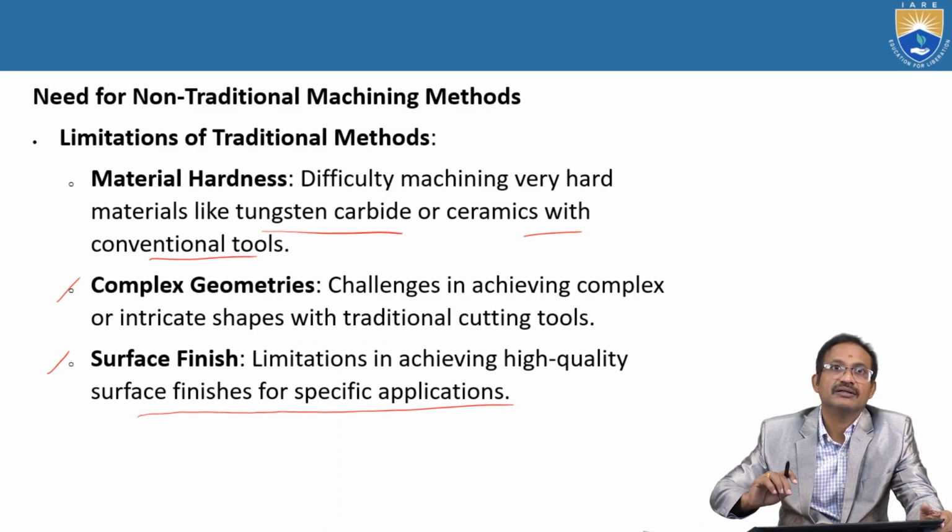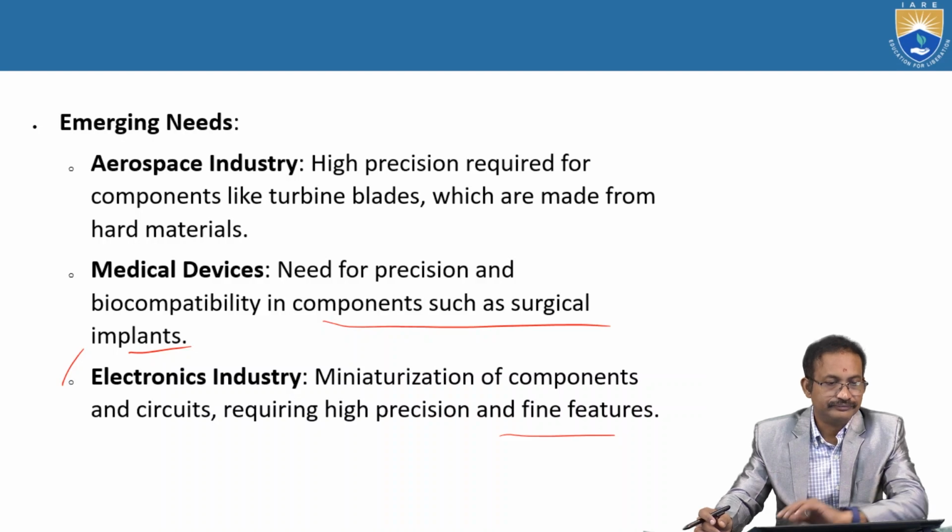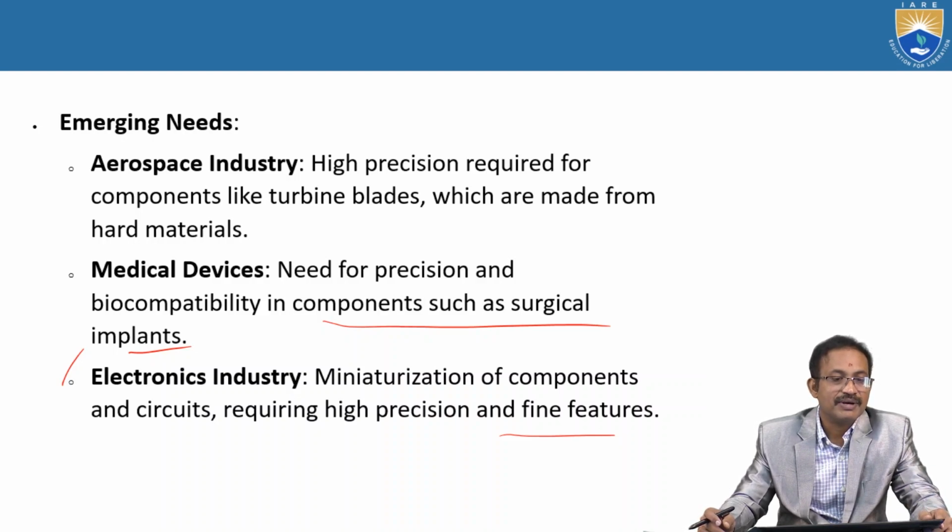Already we have discussed surface finish and these things. Emerging needs: in the aerospace industry, medical devices, and electronics industry, we need very high precision. There we have to go with unconventional machining processes; we cannot go with conventional machining.